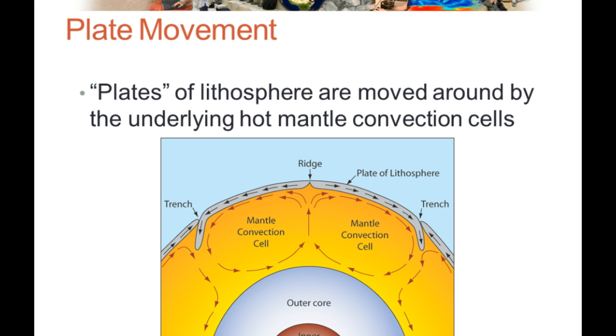Now the end result of this slow but incessant movement in the mantle is that it causes the rigid tectonic plates to move or float around on the Earth's surface, albeit at a really slow rate. Write that down.